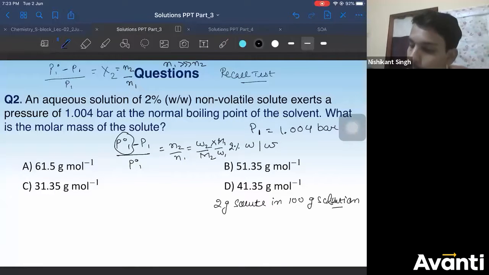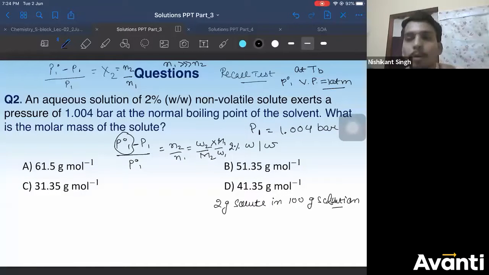At TB, the vapor pressure becomes equal to 1 atmosphere, that means atmospheric pressure. So this is your pressure of solvent. How do you define boiling point? It is the temperature at which the vapor pressure of the liquid becomes equal to atmospheric pressure. So since it is at boiling point, the vapor pressure of the solvent will be equal to atmospheric pressure, 1 atm.